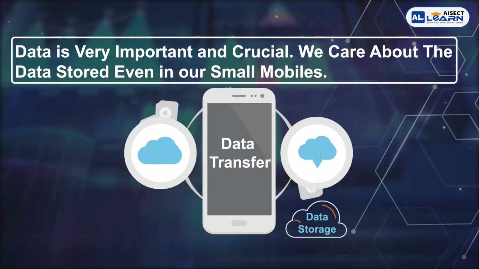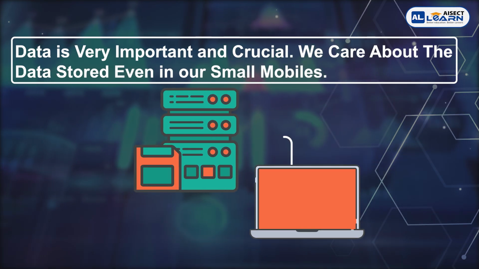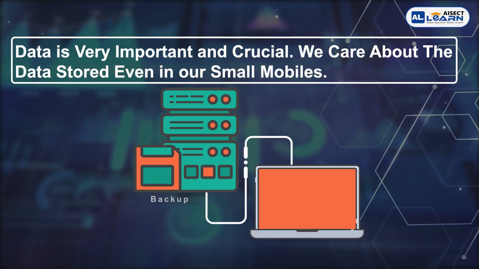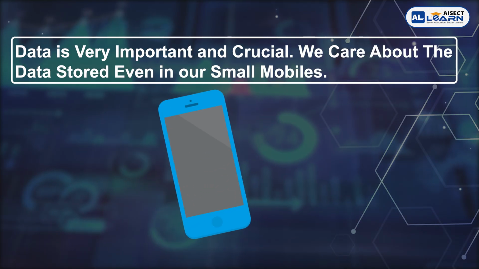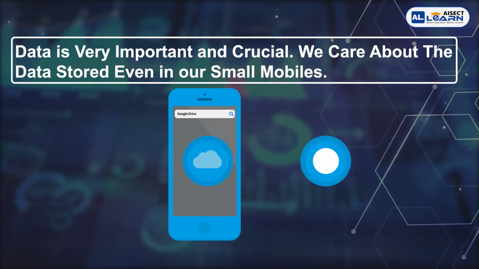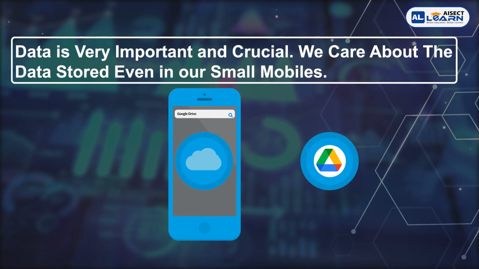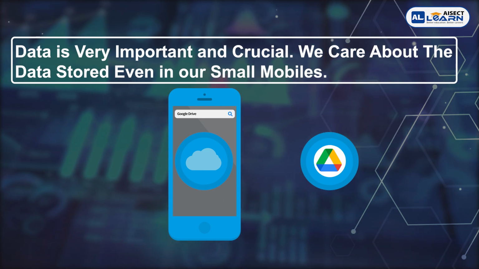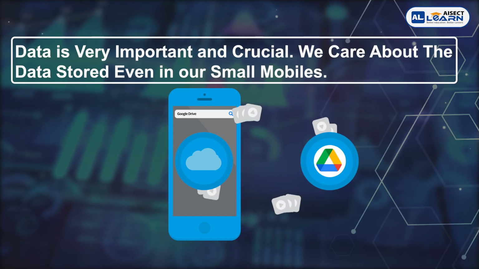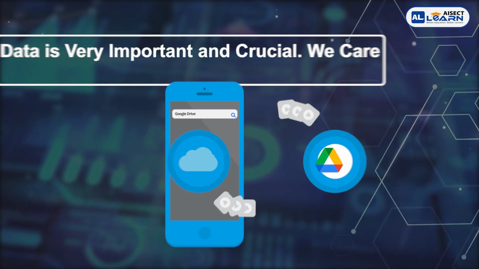If we purchase a new mobile or laptop, we ask, do we have a backup? Is our mobile syncing with Google Drive to keep all the data? If we care this much about small mobile data, what will organizations and companies think about their data? So data is crucial. If data is crucial, data science is also crucial, and the data scientist is also crucial.